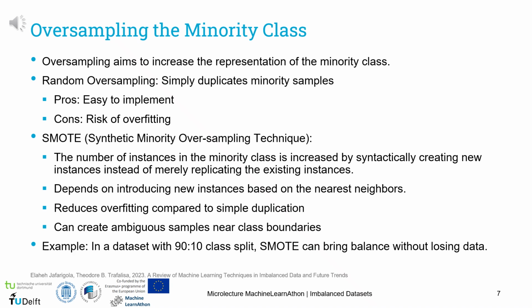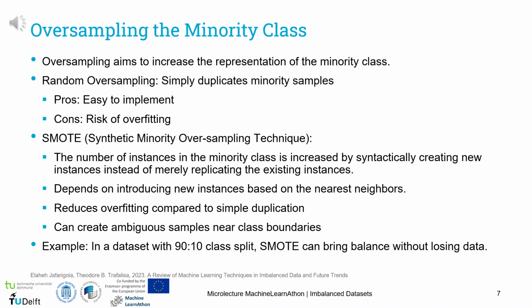One would be oversampling the minority class, which you can do with random oversampling, which is simply duplicating the minority samples. That's super easy to implement, but you have a risk of overfitting, because you do not generate any new data. However, an alternative is SMOTE, which stands for Synthetic Minority Oversampling Technique.